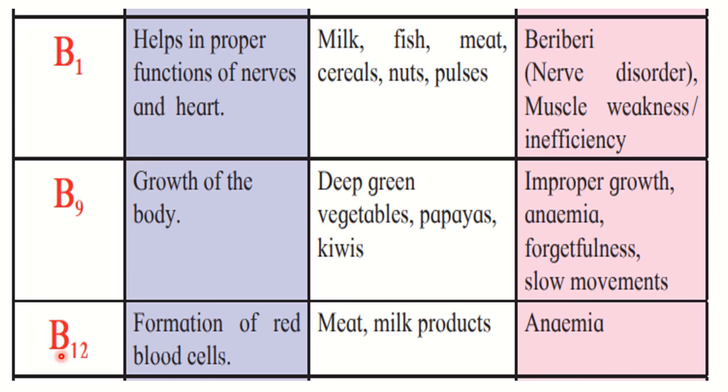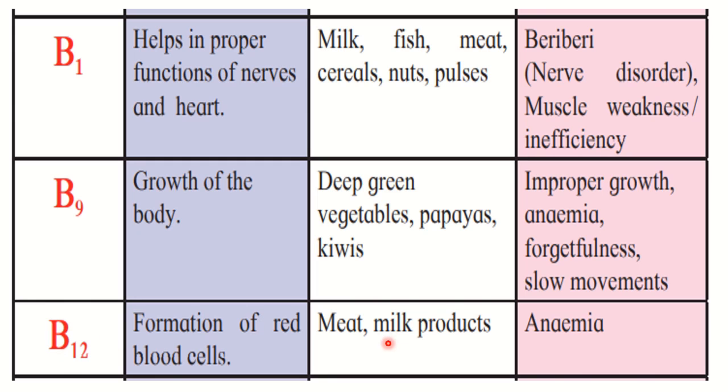Then next is B12. Okay, so B12 helps in the formation of red blood cells. Red blood cells, you know their function, they provide oxygen to each and every part of the body.